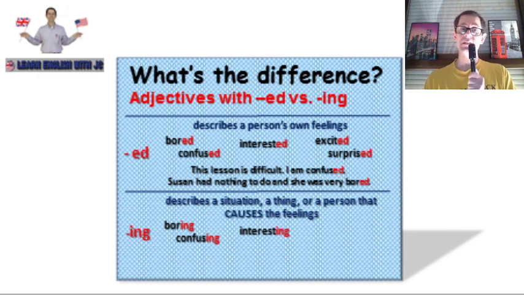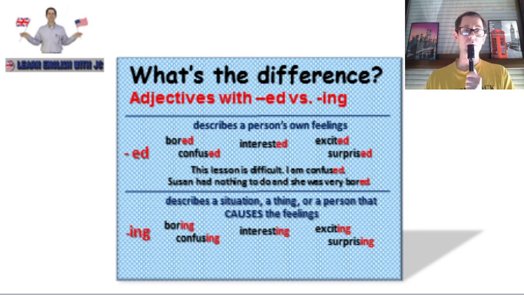This class is very interesting. And two more examples could be exciting or surprising. So we have 5 different adjectives: boring, confusing, interesting, exciting, and surprising.